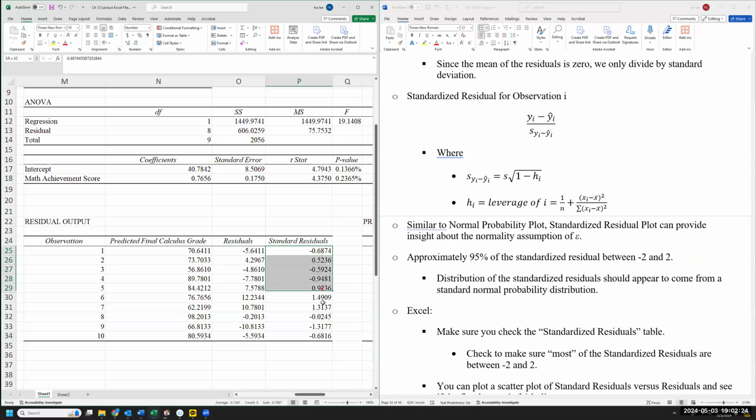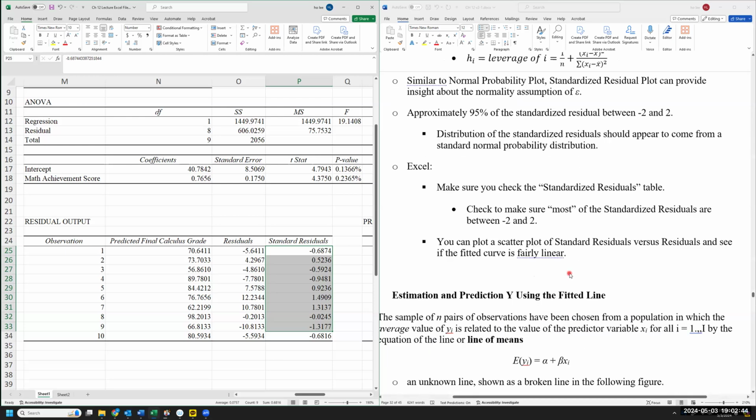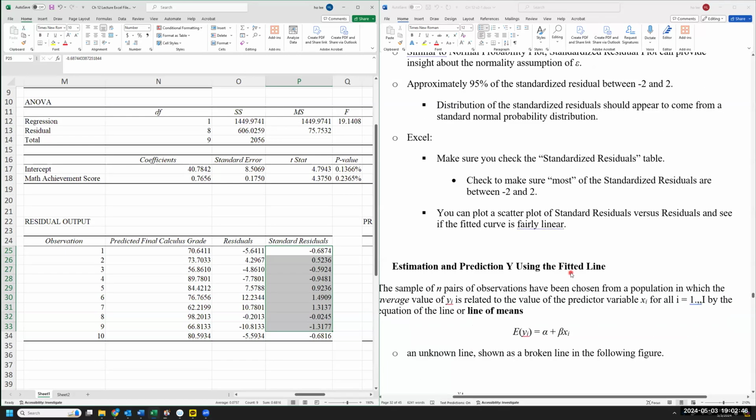Here, if you look at the standardized residuals, we see none of them are beyond 2 or -2. And that's what I want you to come away with. When you do your analysis and you see a bunch of standardized residuals, see if about 95% are between -2 and 2. If that's the case, the normal assumption is likely reasonable. All right, let's move on.